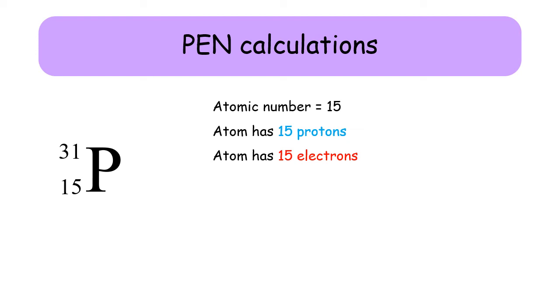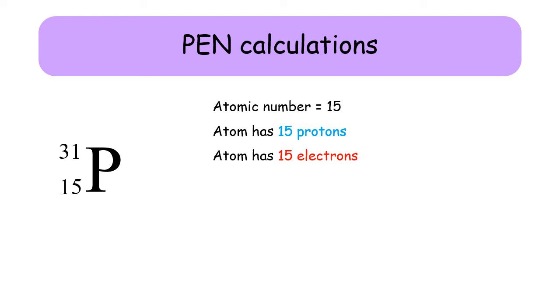So the atomic number is equal to our number of protons, so we have 15 protons, and our atomic number is equal to our number of electrons, so we have 15 electrons. And remember, the reason we have the same number of protons and electrons is that an atom is neutral, so those two things need to equal each other.